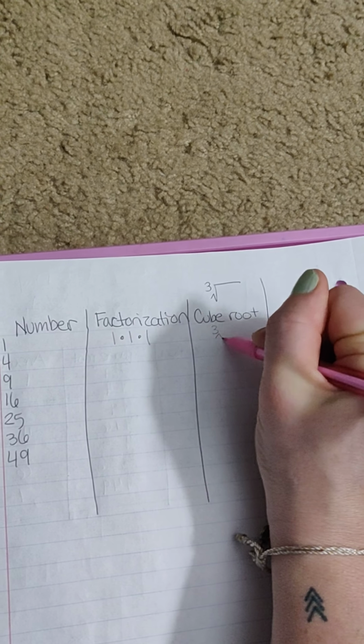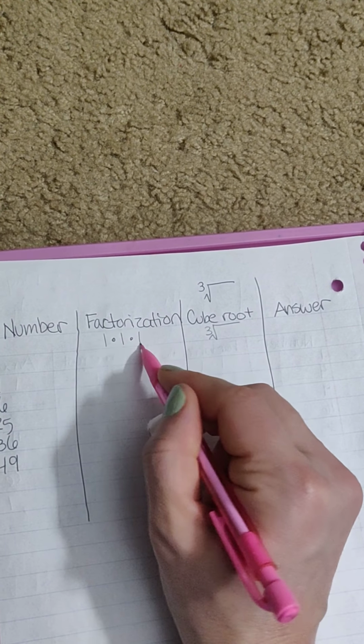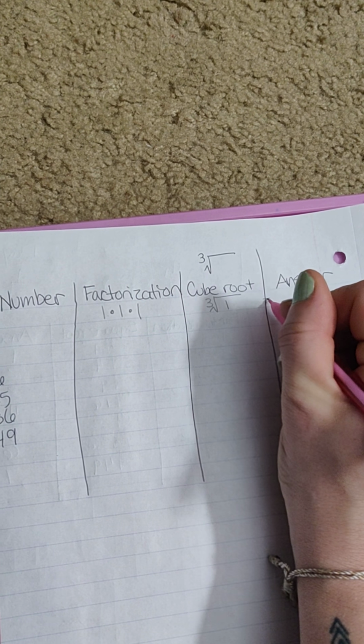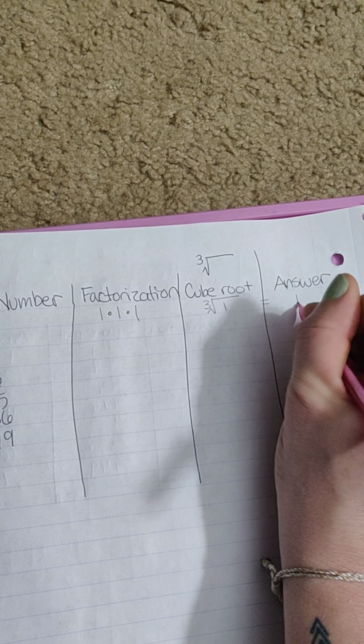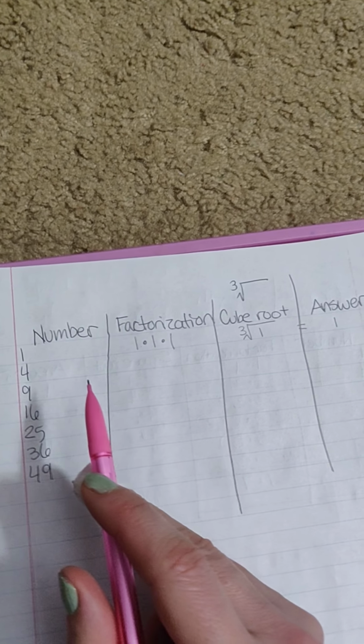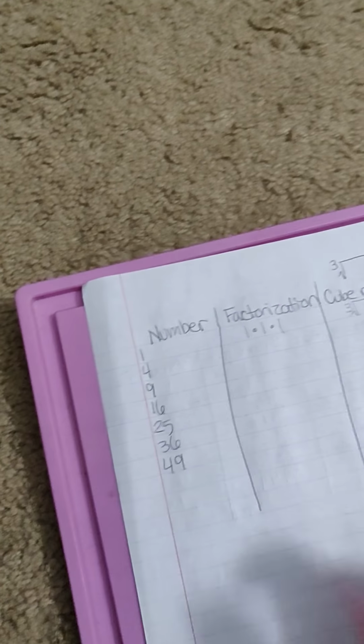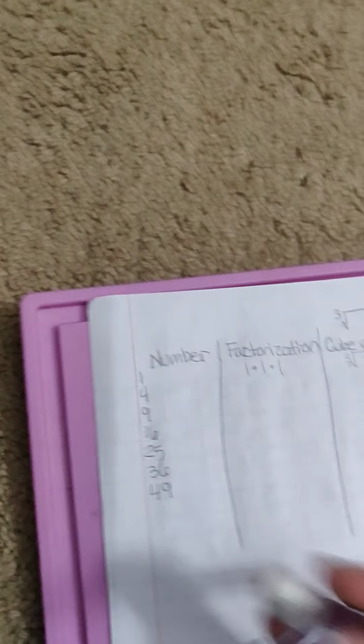And the cubed root of 1 times 1 times 1 is 1. And my answer equals 1. So now for, oh wait, did I put, oh shoot, these numbers are different. Oh darn. Ooh, hold on.